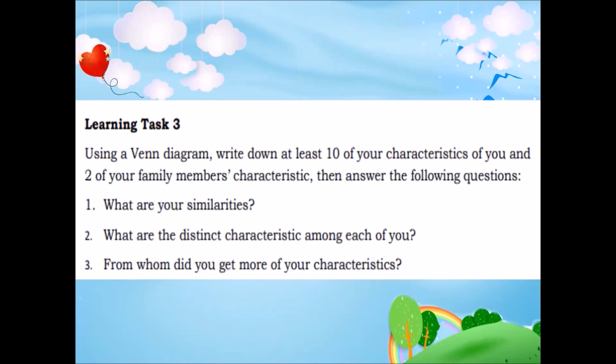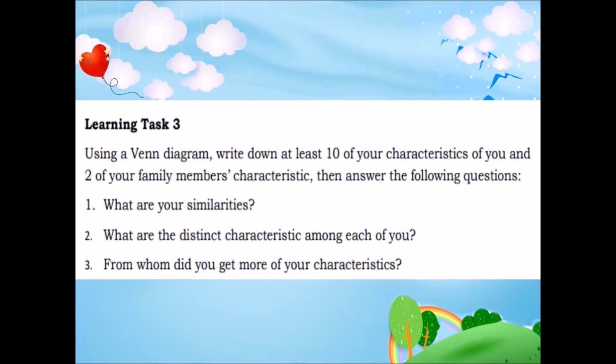So it means you will draw 3 circles, then put your 10 characteristics in one circle, and the characteristics of at least 2 other members of your family in the other circles.